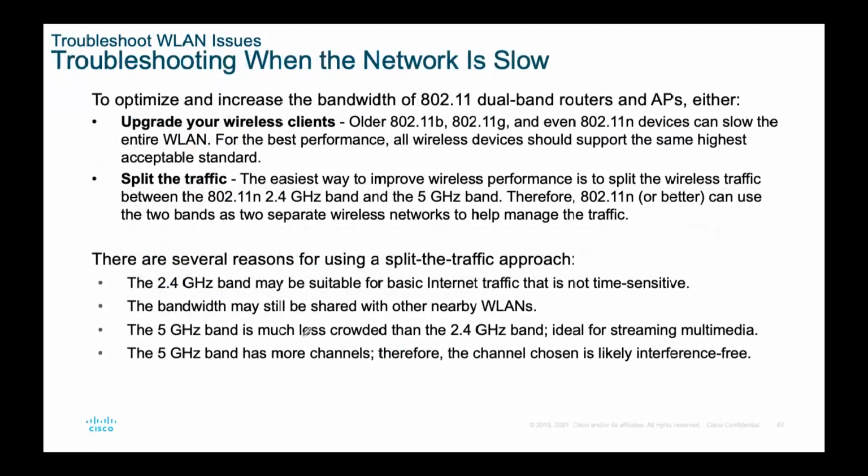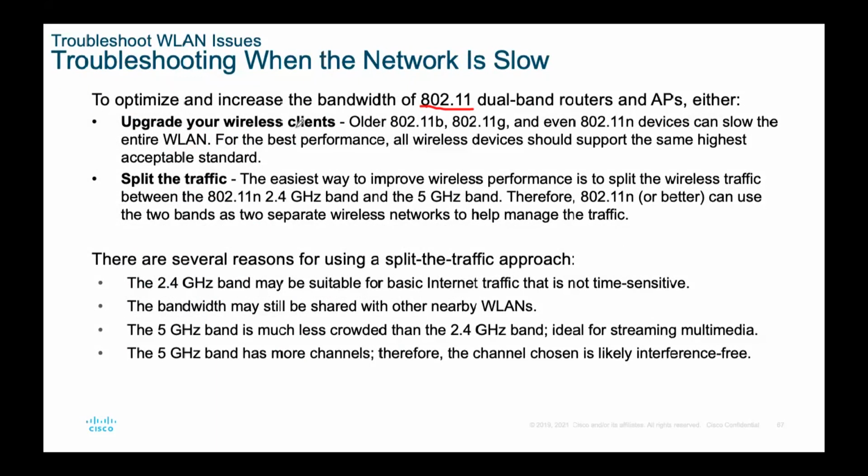Troubleshooting when the network is slow. To optimize and increase the bandwidth of the WLAN, so sorry, 802.11, the wireless standard, on dual-band APs, either upgrade or split the traffic.